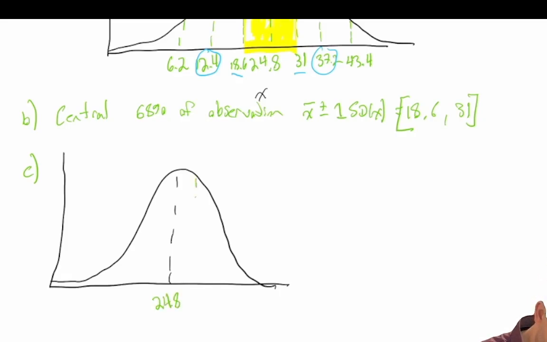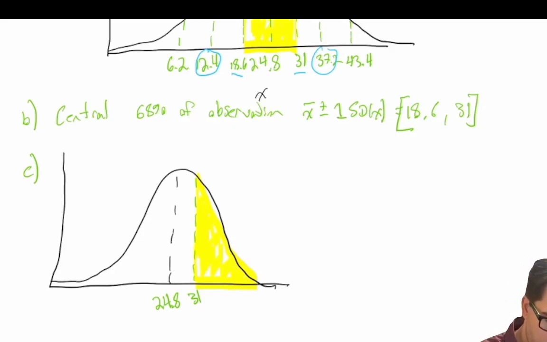And we know that 31 miles per gallon is 1 standard deviation from the mean, but let's pretend that we don't know that for a second. So what are we interested in? We're interested in the probability that they get more than 31 miles per gallon, otherwise known as this yellow shaded region to the right.